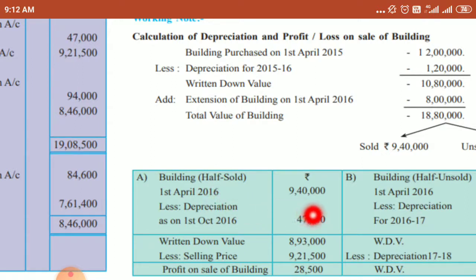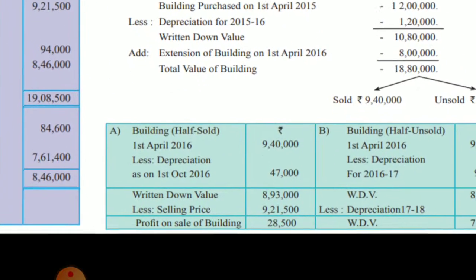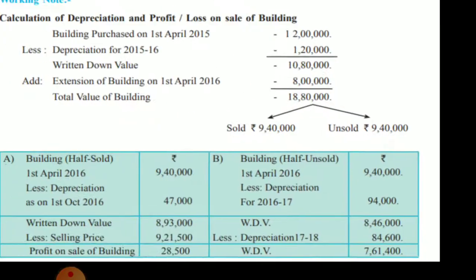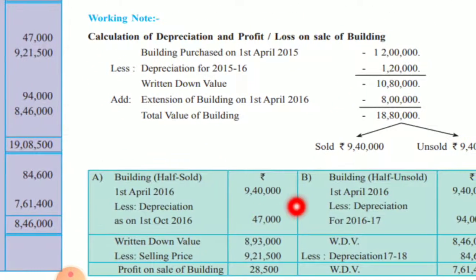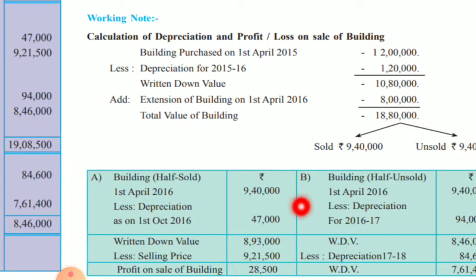So the written down value is 9,40,000 less 47,000, which gives 8,93,000.